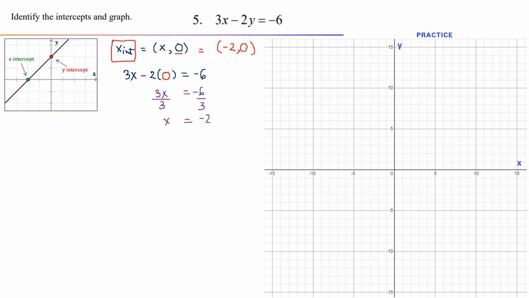Now we find the y-intercept. The y-intercept is when x equals 0 and (0, y). So we write 3x minus 2y equals negative 6, and when x equals 0, we plug in x equals 0, then we have negative 2y equals negative 6, divide both sides by negative 2. You have y equals 3.